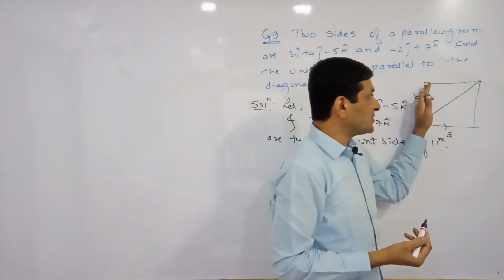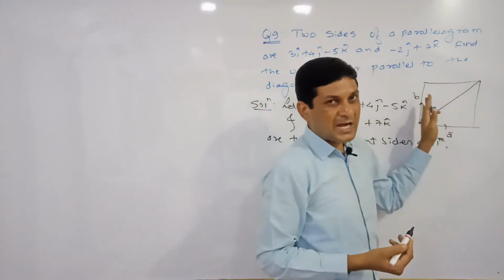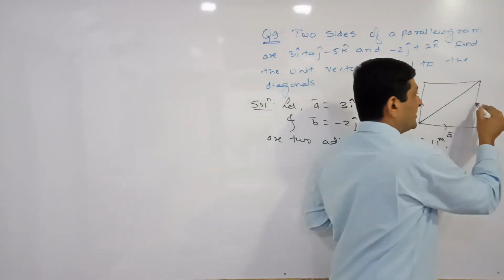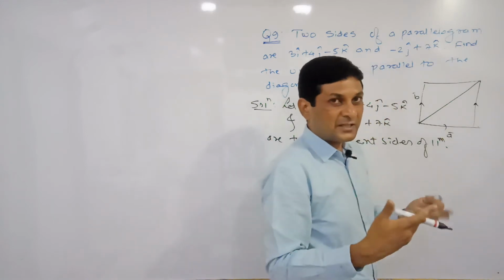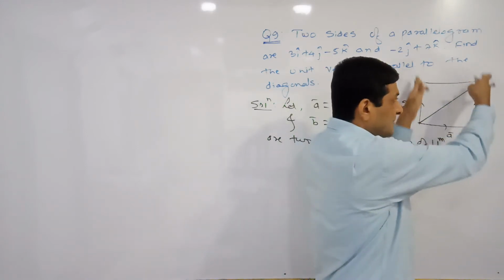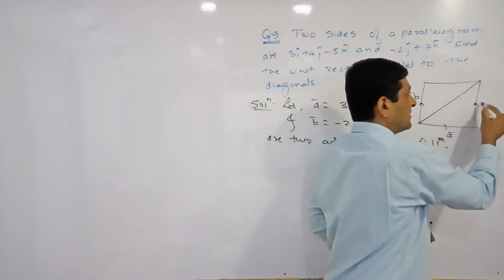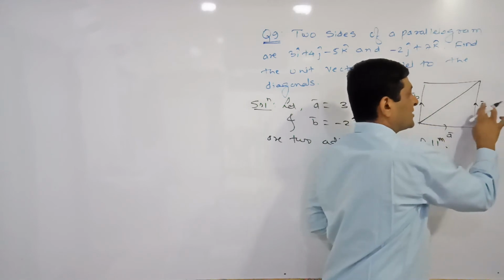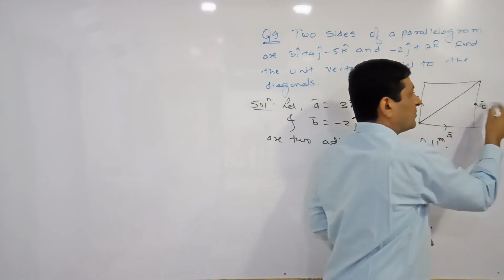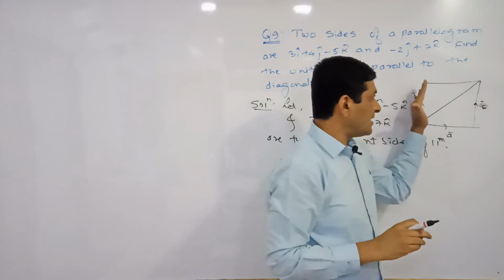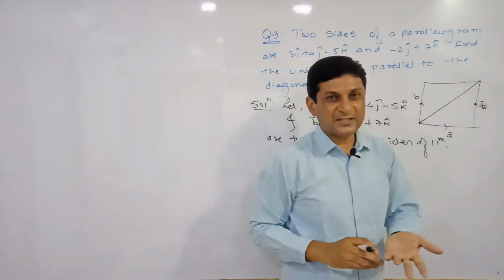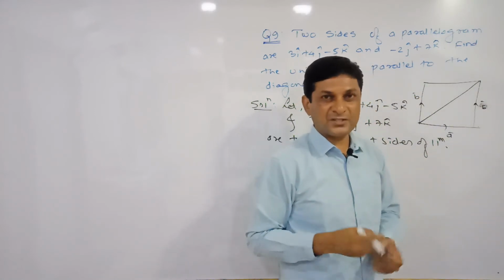We know that opposite sides of a parallelogram are of equal length, so the magnitudes are equal, and since the opposite sides are parallel, the directions are also the same, which means these two vectors are equal. That's why I am able to denote this vector by B bar. Vectors are equal if magnitudes are equal and directions are the same.